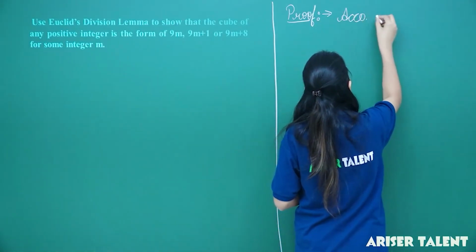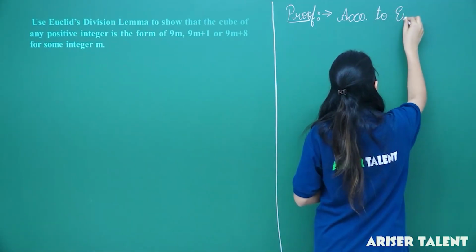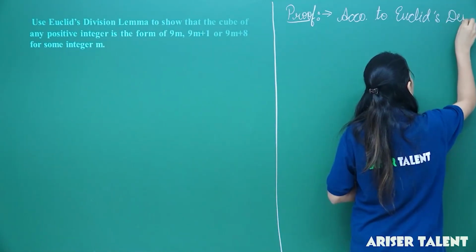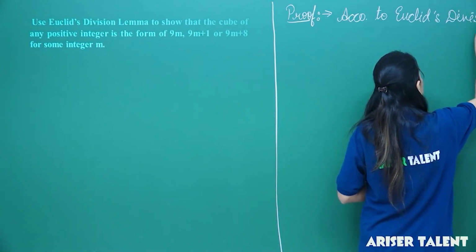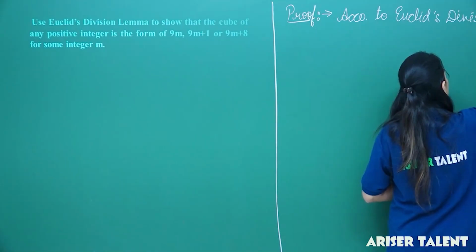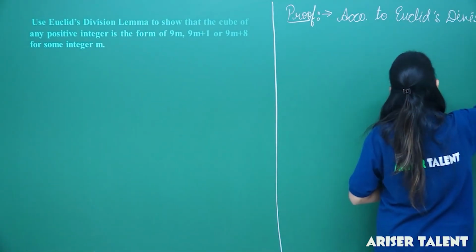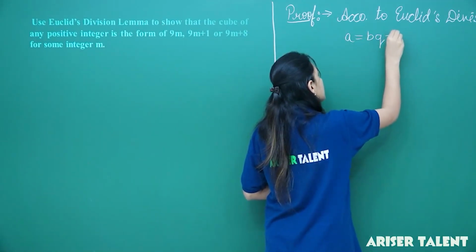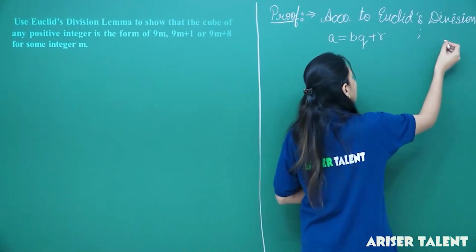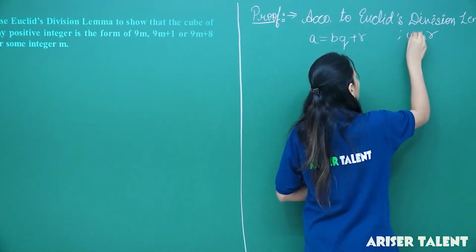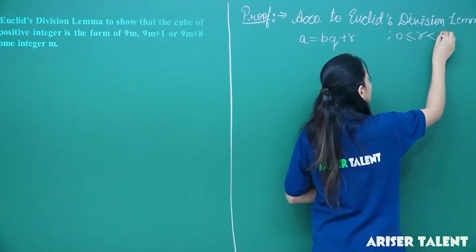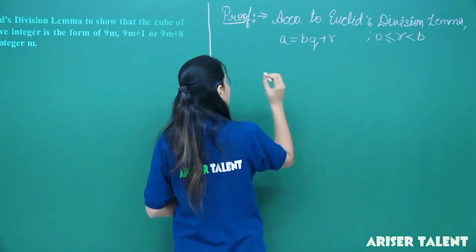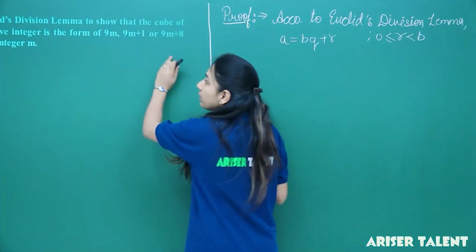According to Euclid's division lemma, a equals bq plus r, where the range of r is this.